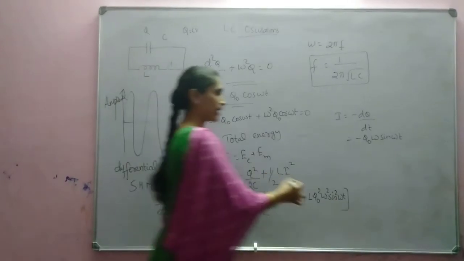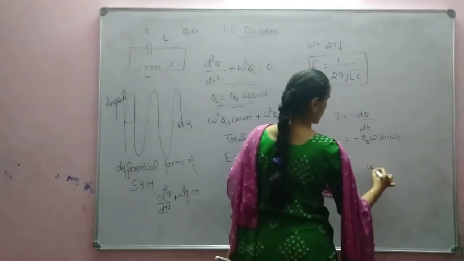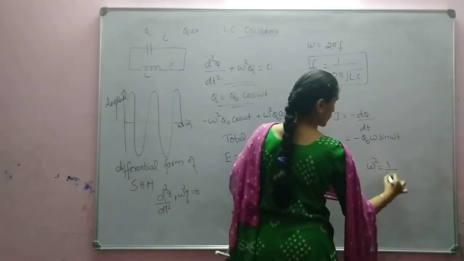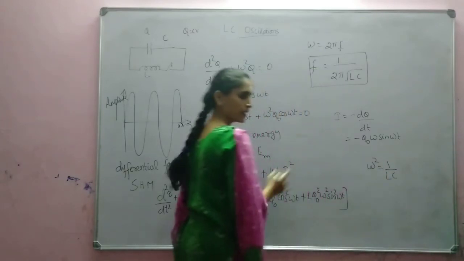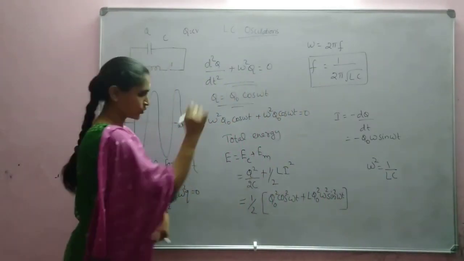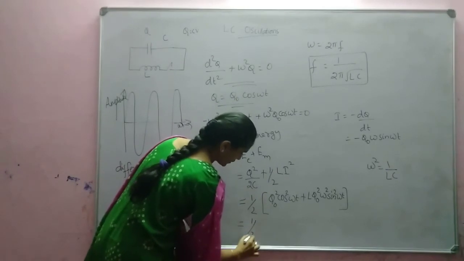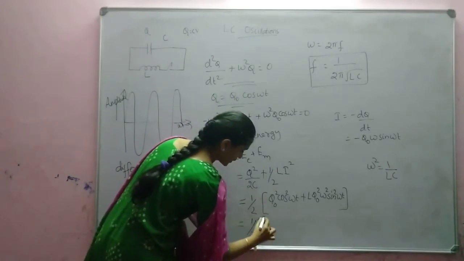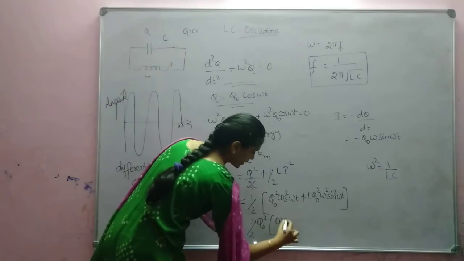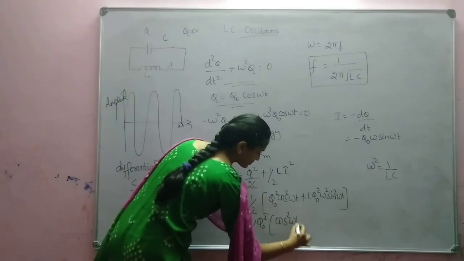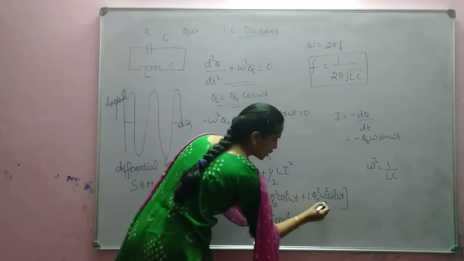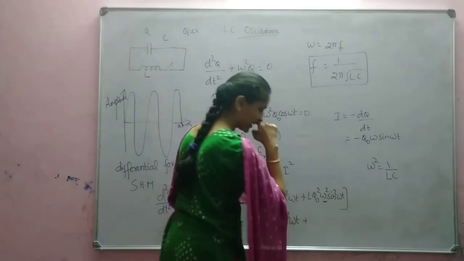Now omega square is equal to 1 by LC, that you can substitute here. So what you will get? Half q0 square can also be taken common: cos square omega t, and instead of omega square we substitute 1 by LC.